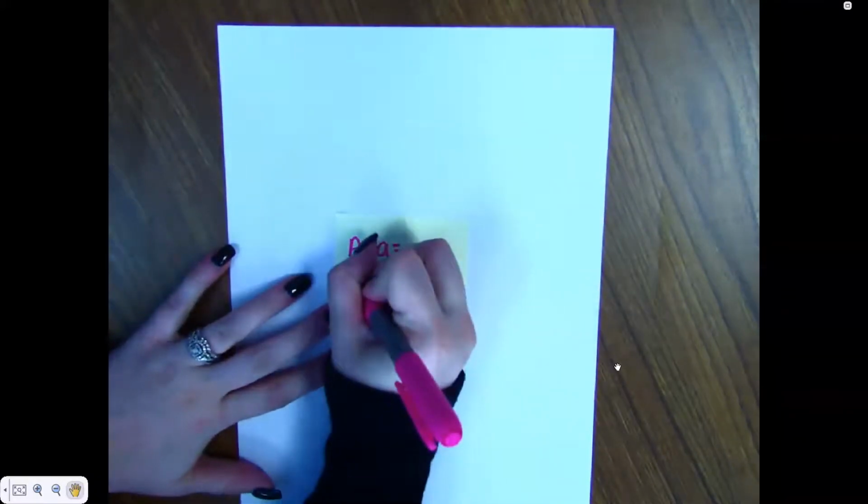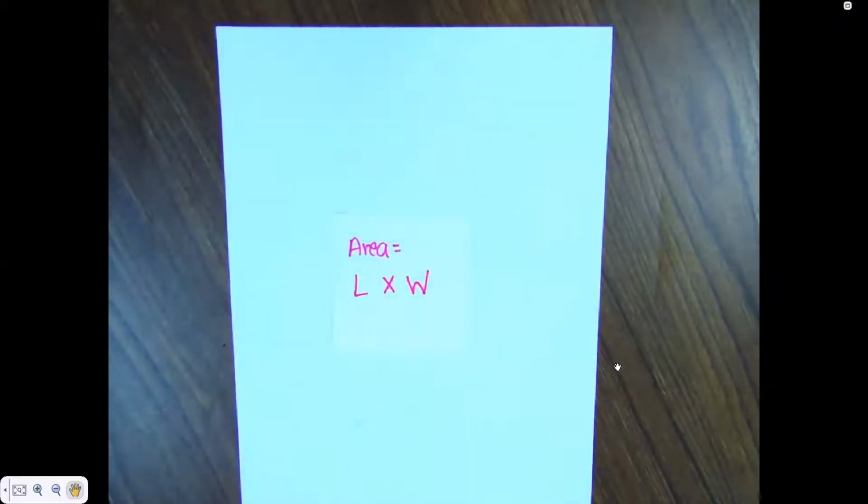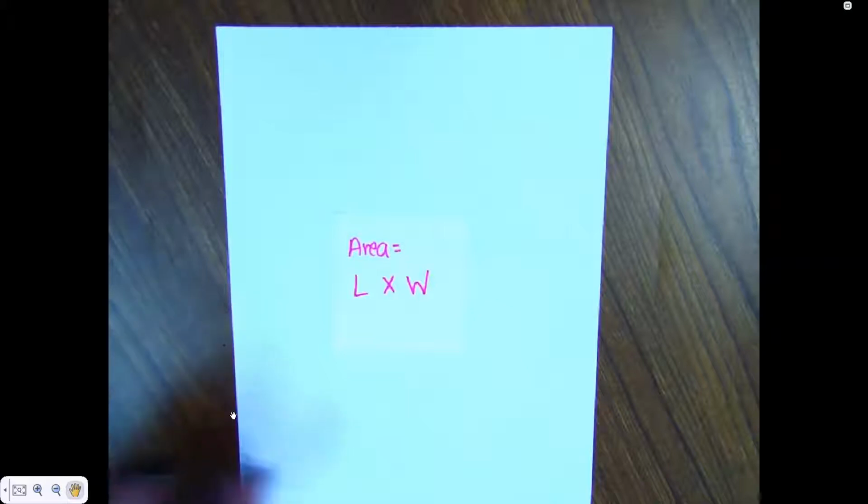Area equals what? Length times width equals area. Or area equals length times width. Yep. So we have area equals length times width.